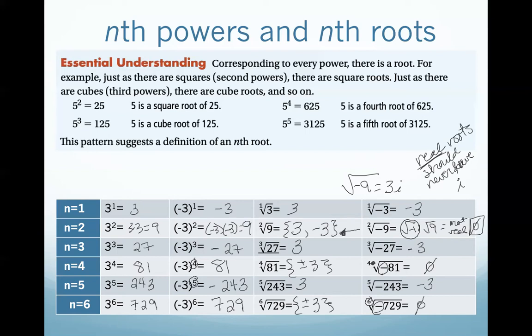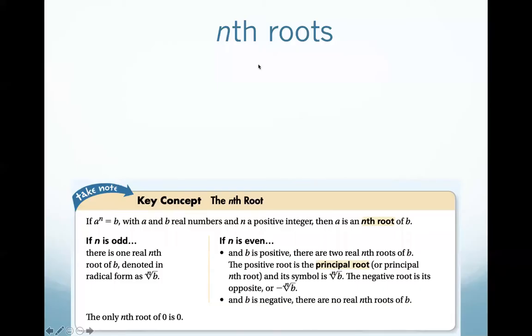Okay, so let's see if we can summarize this here. In the table we saw, if I have a positive base to an exponent, this gave us a positive value. If I have a negative base to an exponent, that alternated positive and negative.